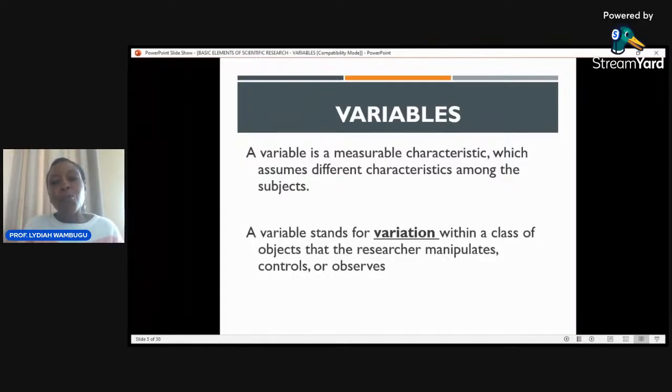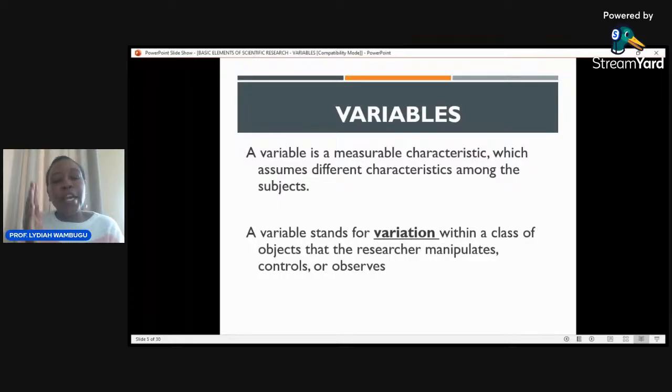A variable is the one that researchers measure, and by measuring, we mean assigning numbers or observations. So we define a variable as a measurable characteristic which assumes different characteristics among the subjects.